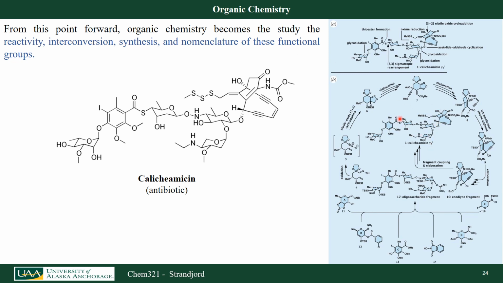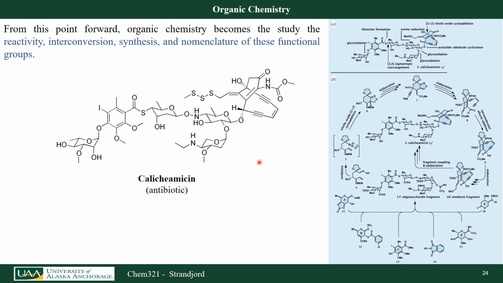Over here on the right-hand side is a synthetic methodology for actually producing that antibiotic. With starting materials, reacting them together, I can change functional groups to actually put them all together to make that molecule.